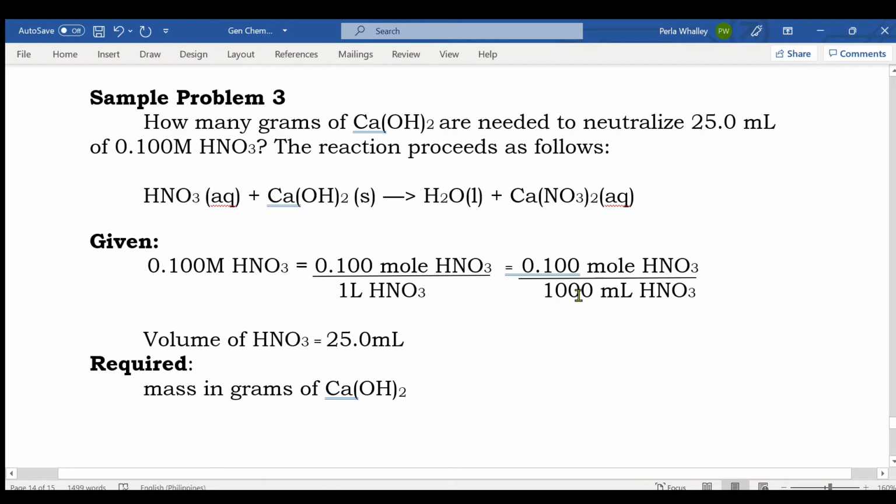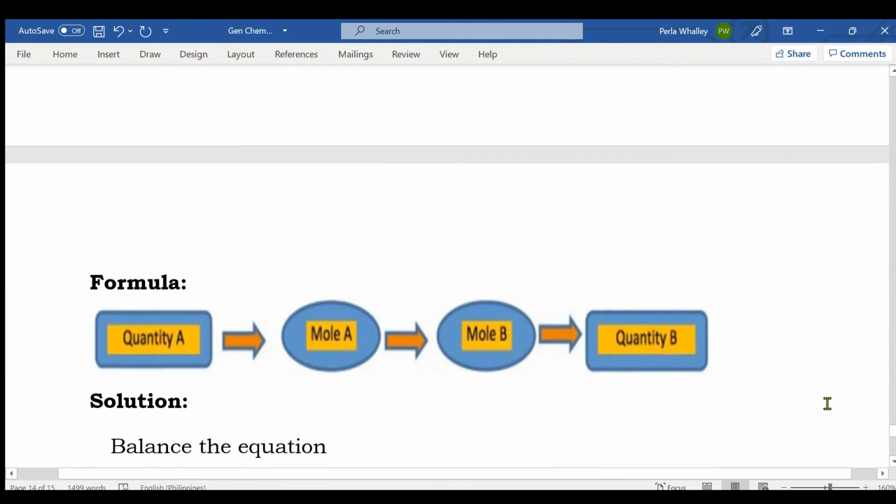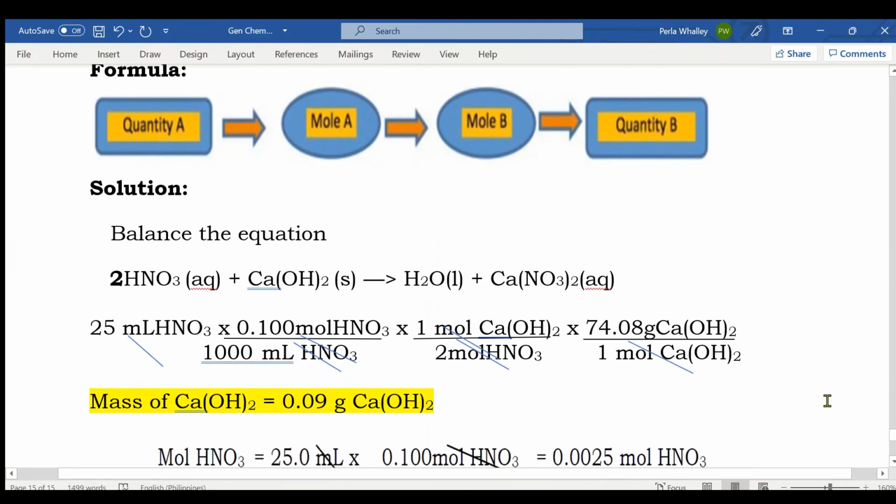This is 1000 ml, which is equal to 1 liter. Volume of HNO3 is equal to 25.0 ml. Required mass in grams of calcium hydroxide. Formula, the same formula. Solution, balance the equation.